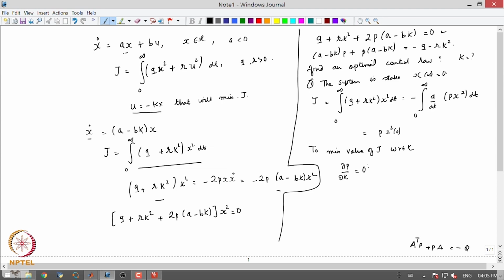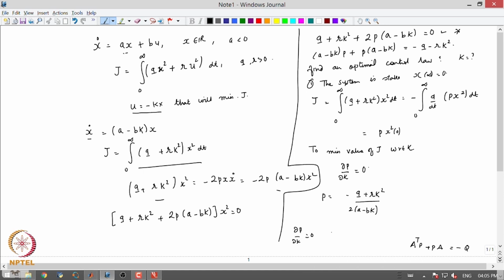Okay. So, p from this equation can be written as minus q plus r k square over twice a minus b k, and then dp by dk equal to 0.